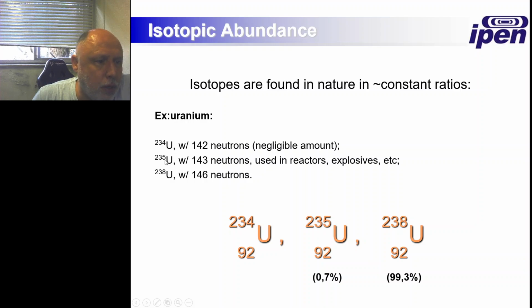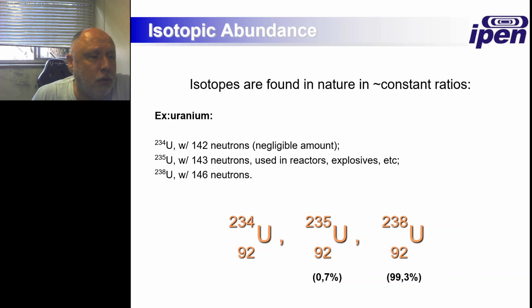Uranium has 92 protons, right? So there's uranium-234. It has 142 neutrons. This is found in nature in a very negligible amount. We'll talk later, it's related to the existence of uranium-238. There's uranium-235, which has 1 neutron more than 234. You've probably heard of it.